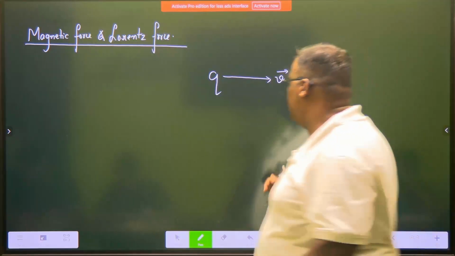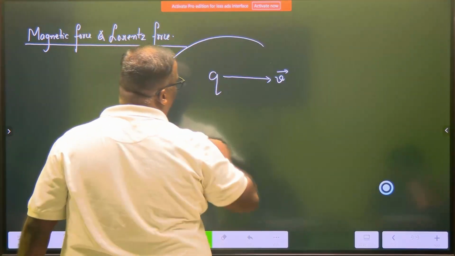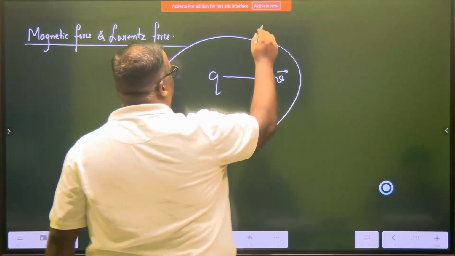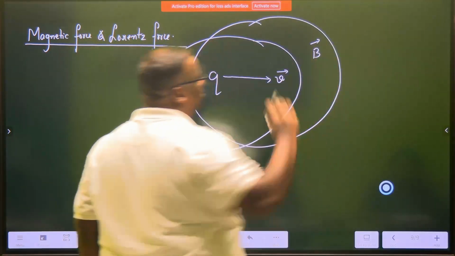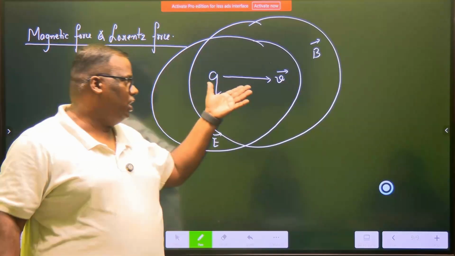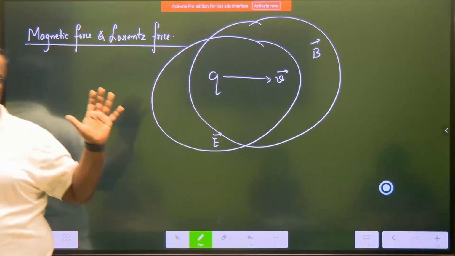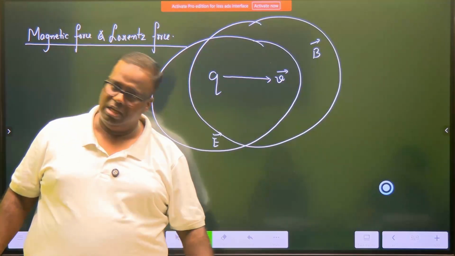And this charge is placed in a region where you have an electric field and you also have a magnetic field, the maximum complexity that you can think of. This charge is moving with a velocity in a region where you have a magnetic field as well as an electric field.